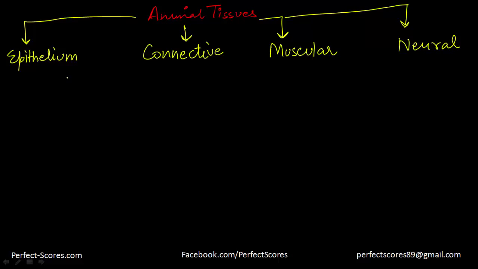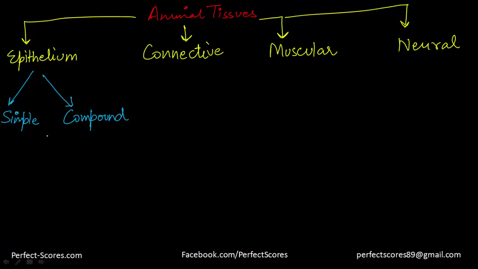So I'll give you a brief idea about the classification and then we'll do the tissues in detail one by one. So coming to the epithelium, epithelium is divided into two main types of further subtissues. One is known as simple epithelium. The other one is known as a compound epithelium.